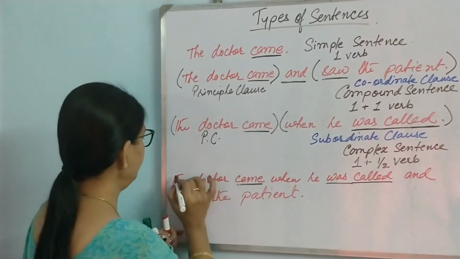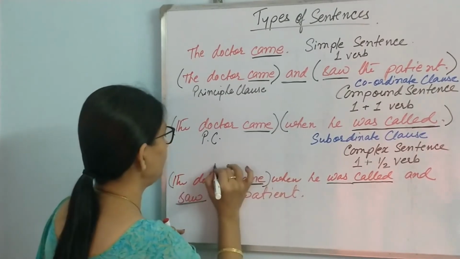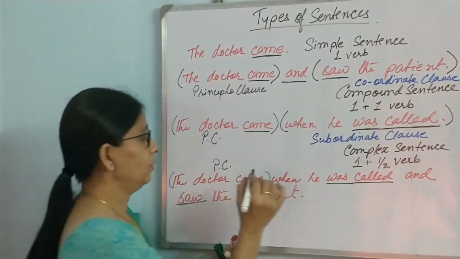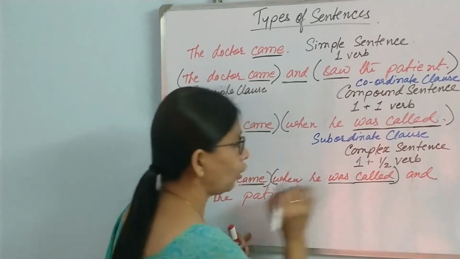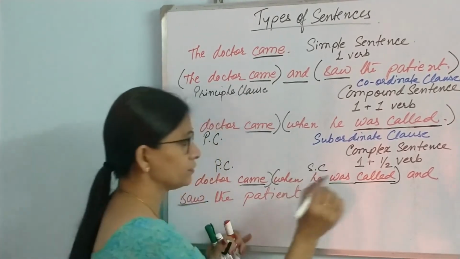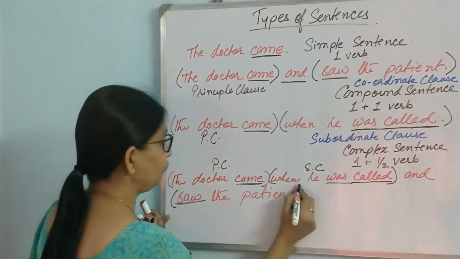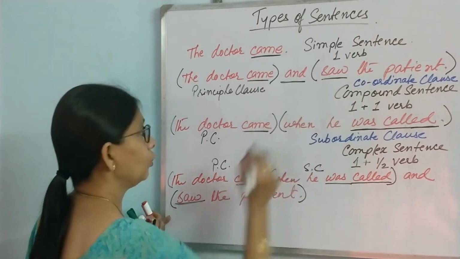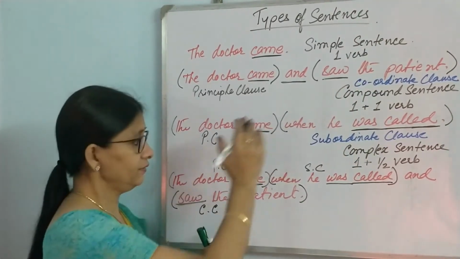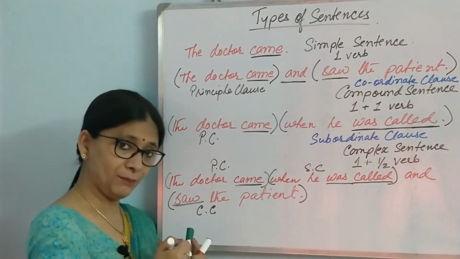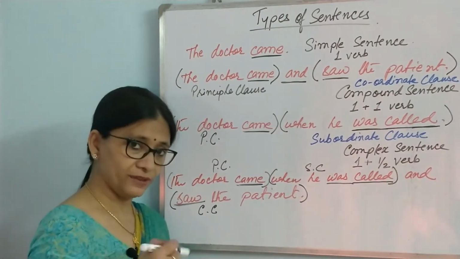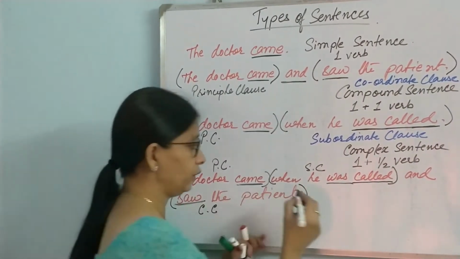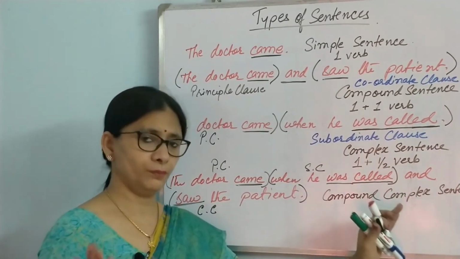So what do we have here? The doctor came. This is the principal clause. When he was called, this is subordinate clause, and saw the patient, this is coordinate clause. Okay, such type of sentence which has a minimum of one subordinate clause and one coordinate clause is known as compound complex sentence.